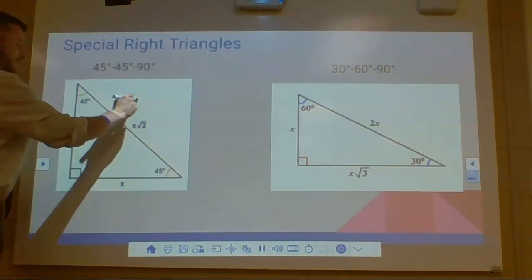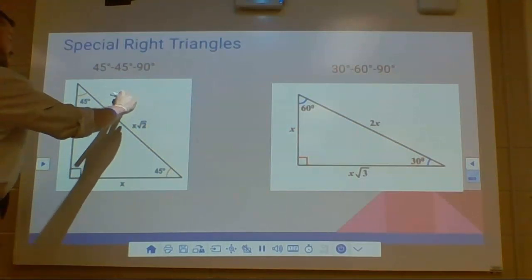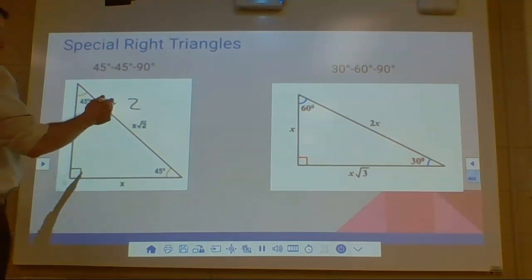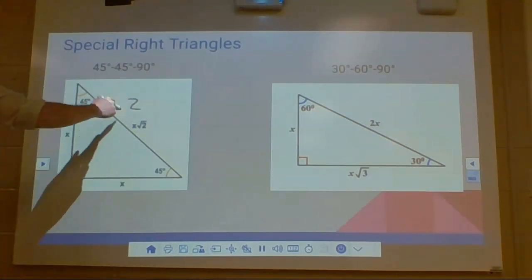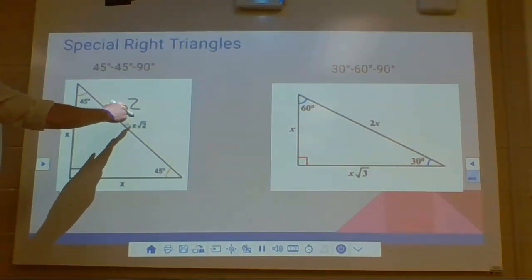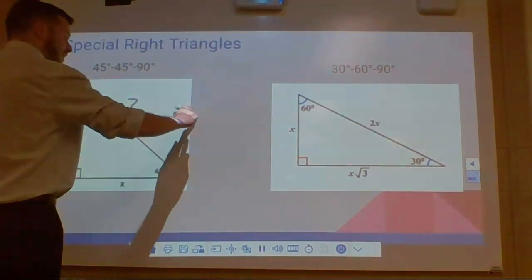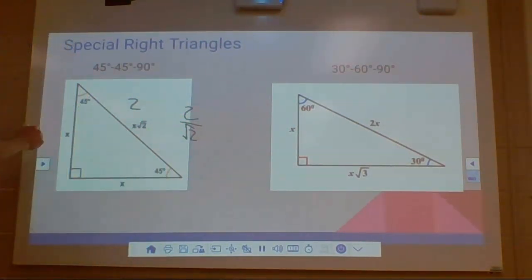So let's look at it from this perspective as well. Let's say the length of the hypotenuse was, let's just say it was 2. Okay? Well, how do I find the length of the legs? Well, because the hypotenuse is the length of the leg times the square root of 2, I'm going to take 2 and divide it by the square root of 2 to get the leg lengths.